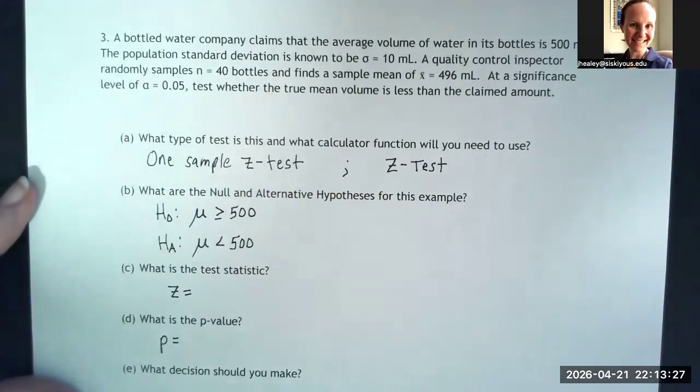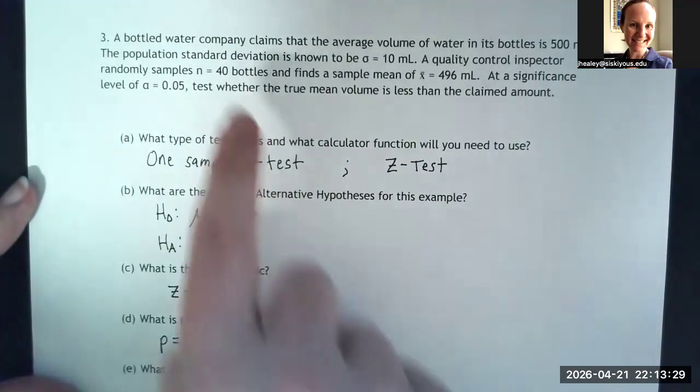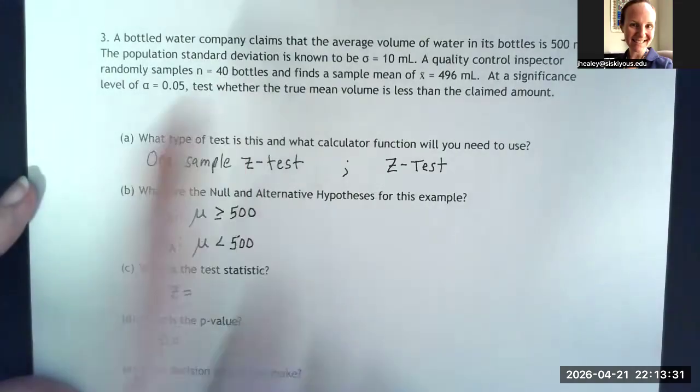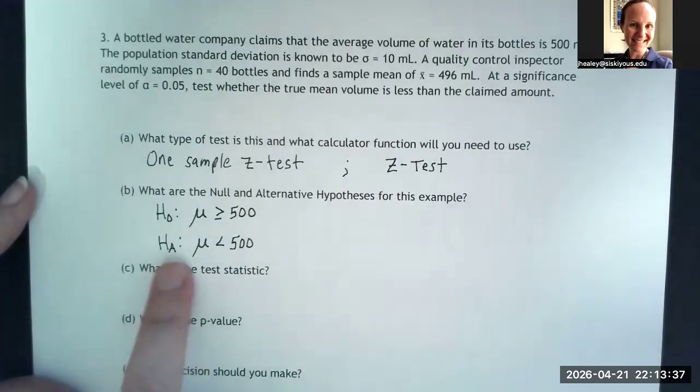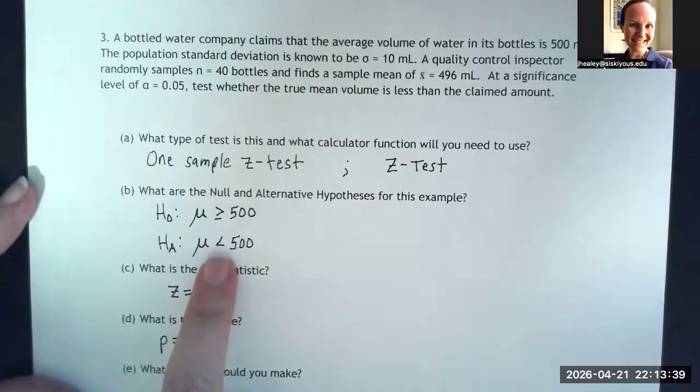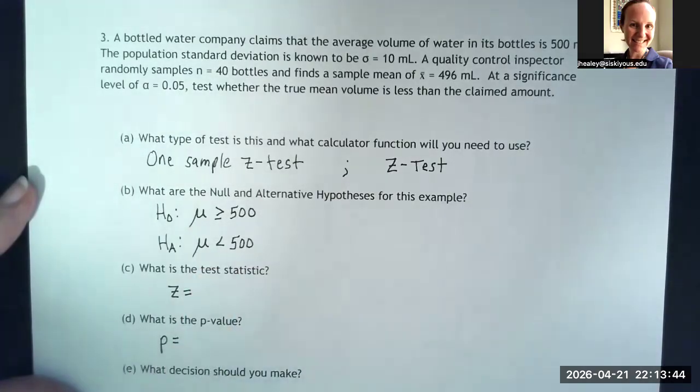And then the last thing we need to enter is the N. They told us that we're testing 40 bottles, so enter 40 there. For the next line, we go to the alternative hypothesis and we look for what sign we're using there. We're using the less than sign, so we want the middle choice. So we want the less than sign, and then go ahead and arrow down to calculate and hit enter.